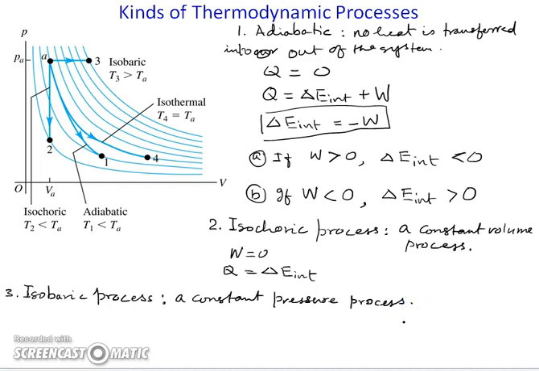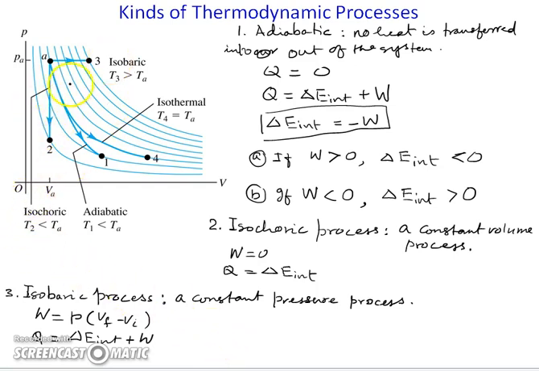All right, and so here we know work will be P times V final minus V initial because it's a constant pressure process. So Q will be equal to delta E internal plus W, and W will be given by that formula. An example could be boiling water at a constant pressure, right?